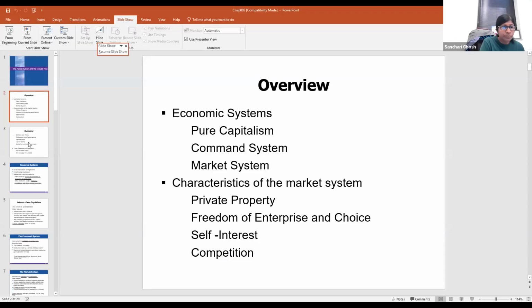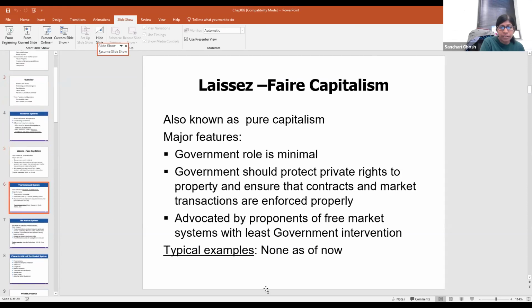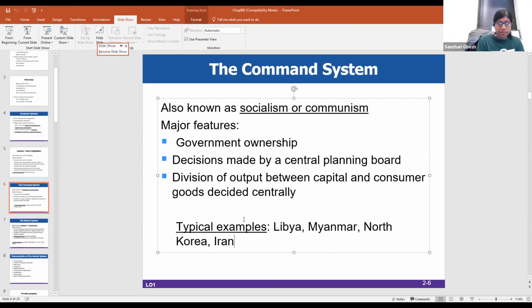What I will do is stop this share and see if I can bring this back. I think I will start putting these examples here. And given the war, the Russian example has become very prominent.